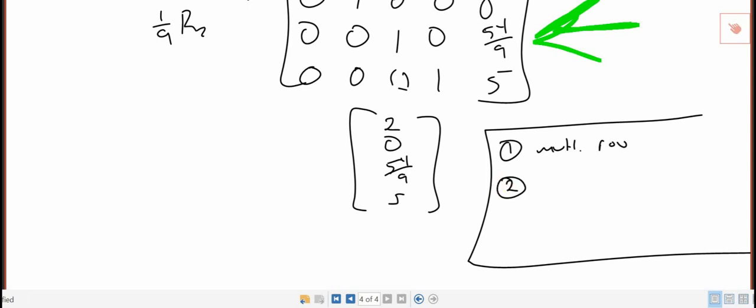The second thing is you can add, subtract. You can multiply by a constant, of course. You can add or subtract two rows. And lo and behold, that's really only the two rules that you have.